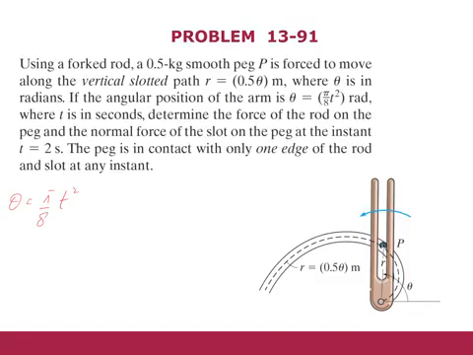So we will put the value of time, and we will get pi by 2, which is pi by 2 radians or 90 degrees. So over here we can see that this is the position at which we want to calculate the force offered by this rod, and the normal force, right?